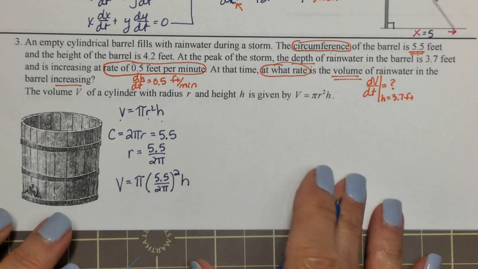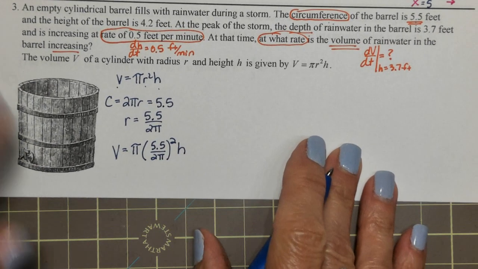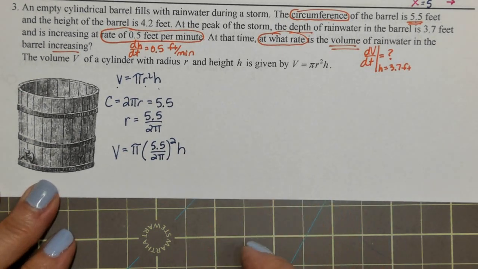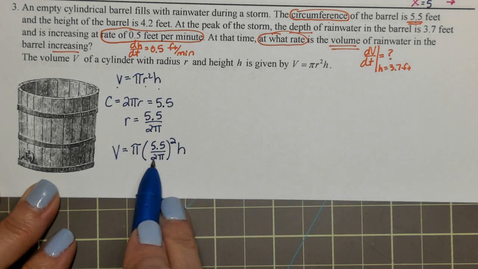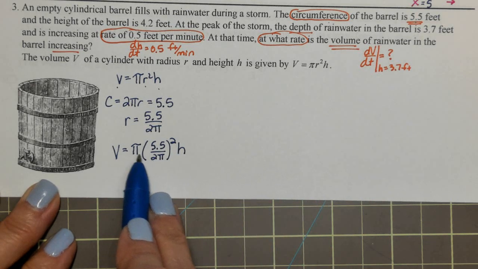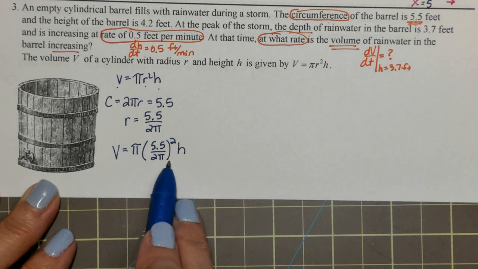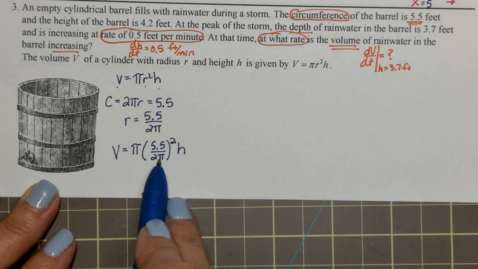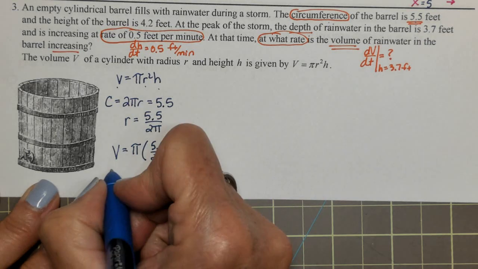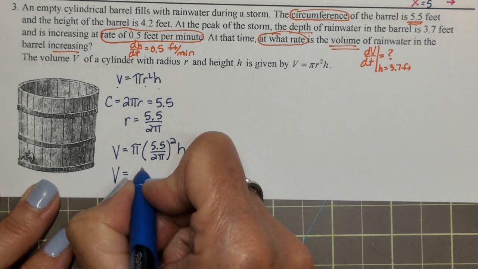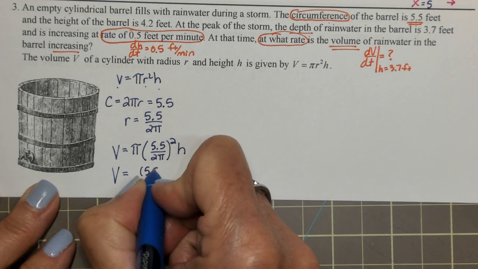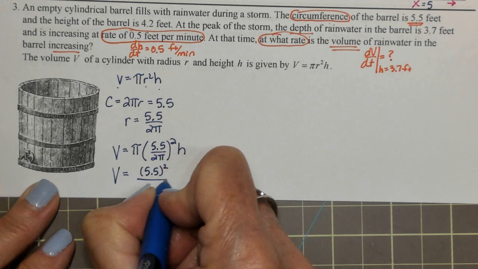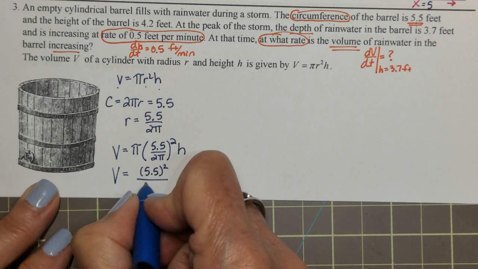So, okay, I could simplify that, but you know what? I think I'm going to just leave it like that. This is just a number. Do those pi's cancel each other out? They do not, because this is being squared. We could clean it up if I wanted to, but we really don't have to. But if I clean that up, 2 squared is 4.